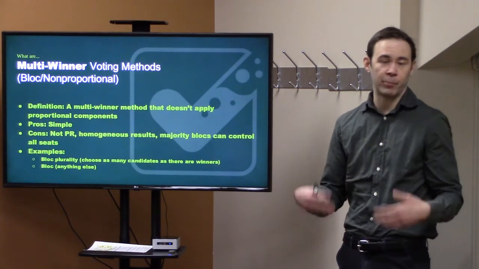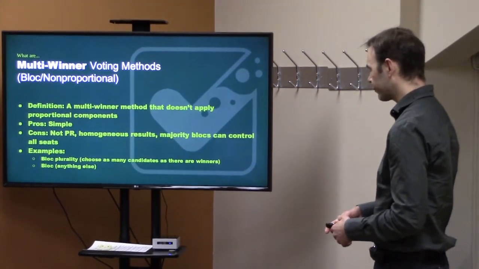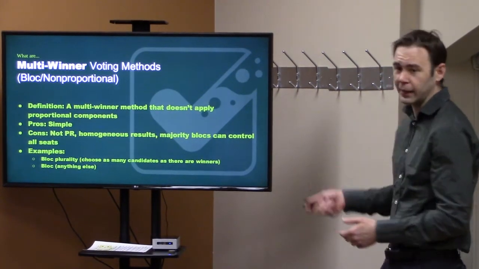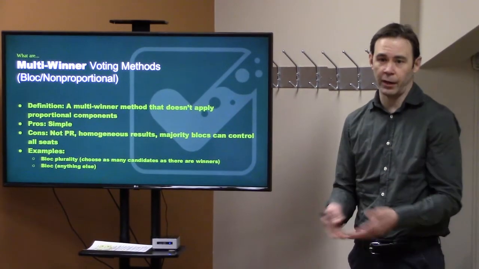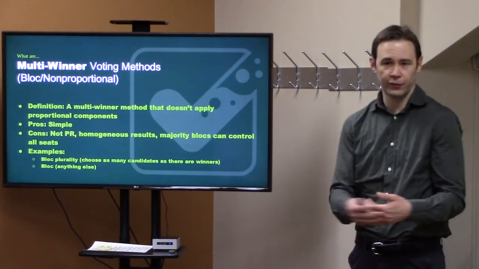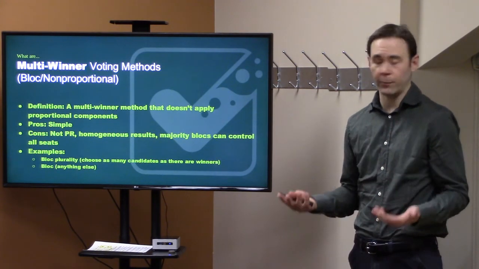That's an example of a block method that you see pretty commonly throughout the US. And you can actually take other single winner voting methods and make them block methods as well. So it's not just normal plurality voting that can be a block method. We can do this with other methods as well.